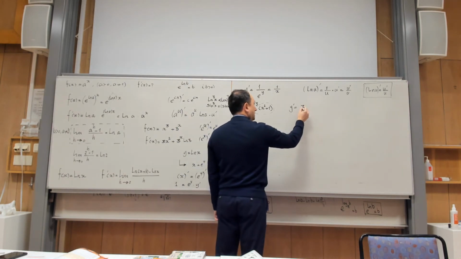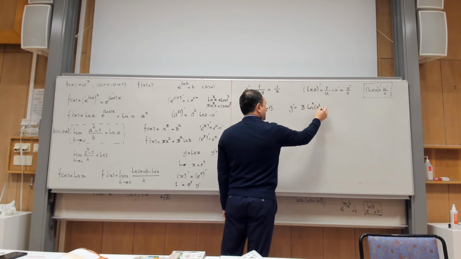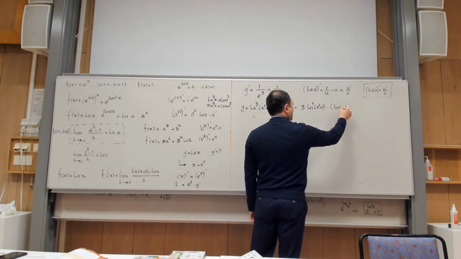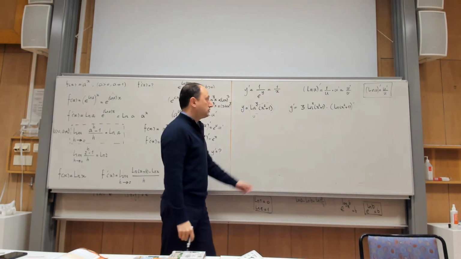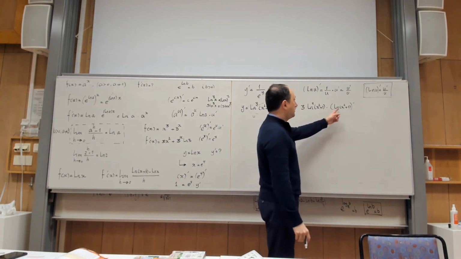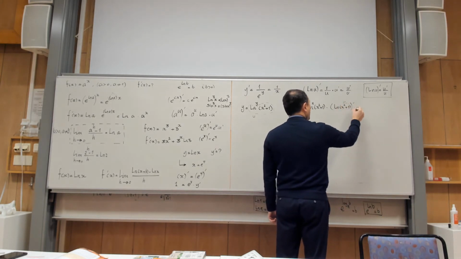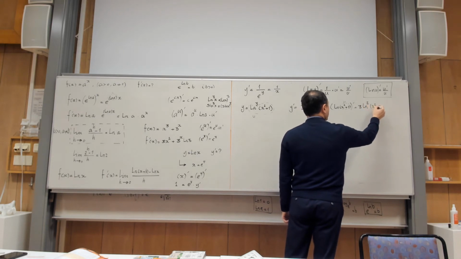So the derivative becomes 3u squared multiplied by u prime. Yes? And then today we'll learn what is the derivative of ln of u. Now I will take this one to be u, so I continue. This becomes 3 ln squared of x squared plus 1.